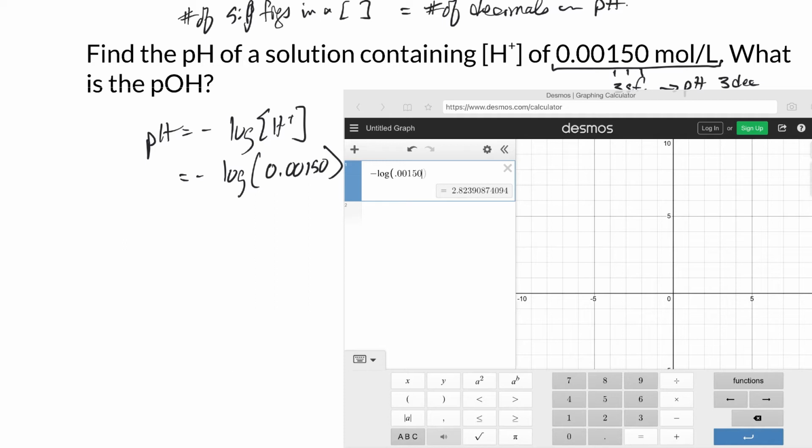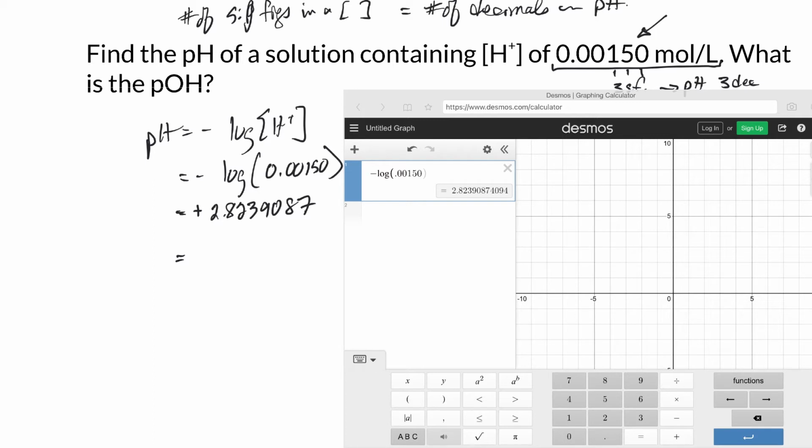Okay, so the pH is negative. Oh no, not negative. It becomes positive. 2.823987, etc.